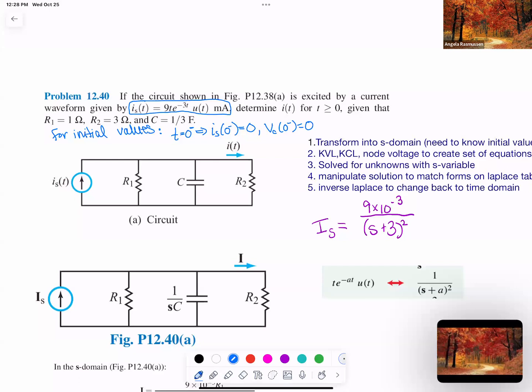Plug my DX in, and then you can see the I is just that B over R2. The I of T is just a B over. Oh, okay, I was just looking at it.